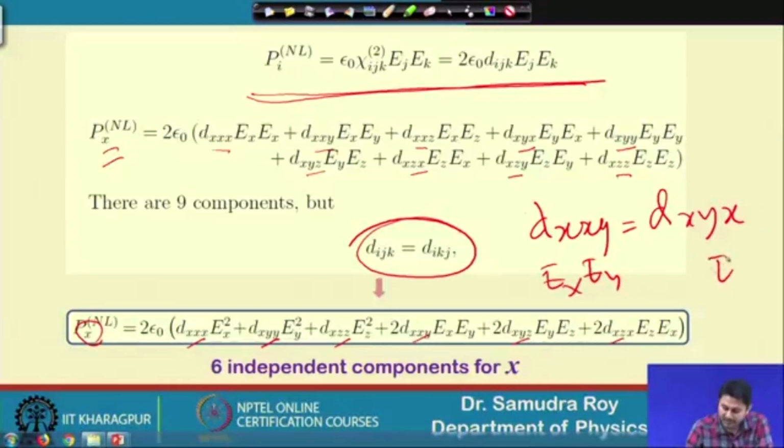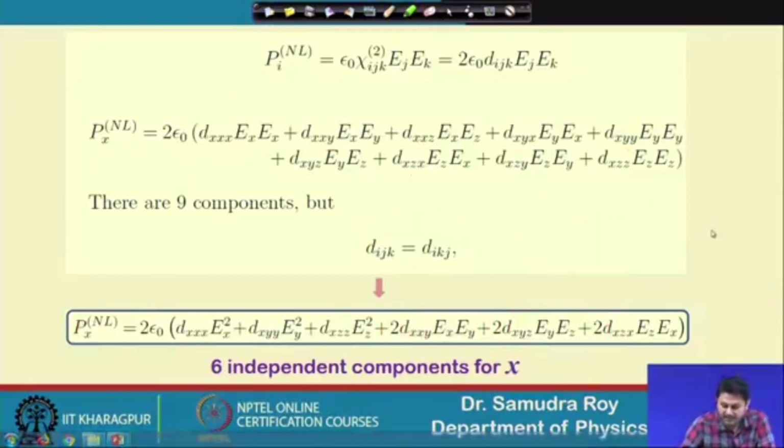Here also the multiplication term will be E y E x. So, we will have a 2 term common here. We have 2 here, 2 here, 2 here for all these cross terms. x x, y y, z z are independent, and we have the square term here. So, this is the way to write P in terms of E with D matrices.